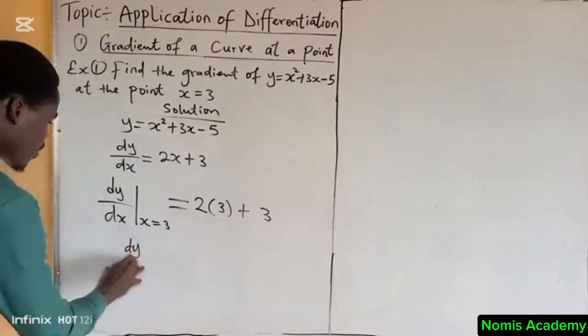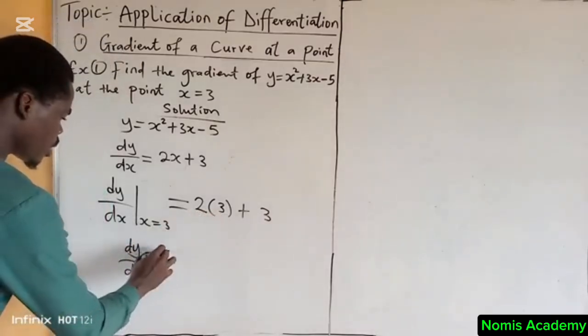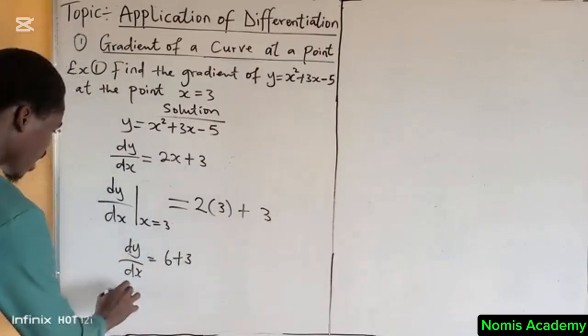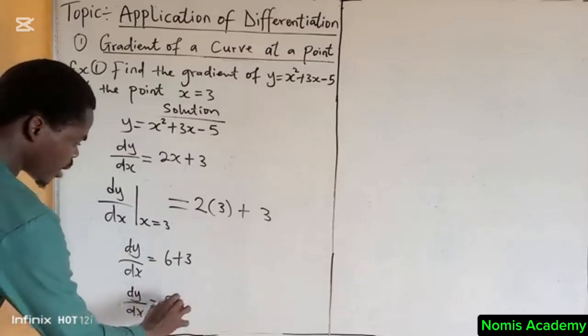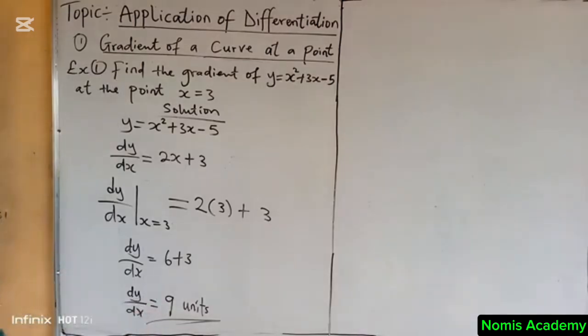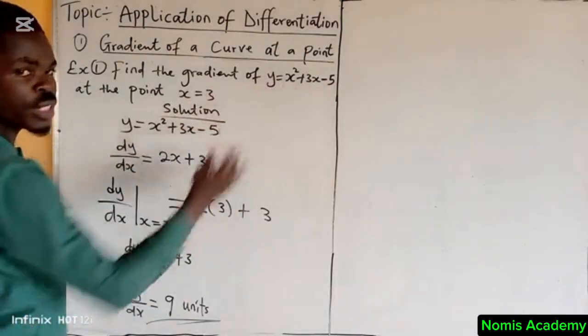So dy dx is equal to 2 times 3 is 6, plus 3. So the final answer, dy over dx, is equal to 9 units. 9 units is the gradient of the curve given.